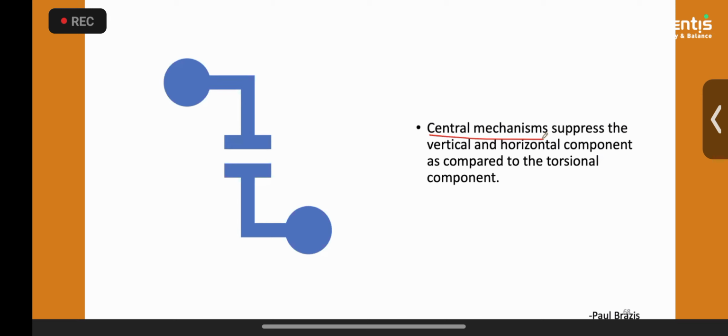In this patient, if you ask the patient to fixate, the horizontal and vertical components will get suppressed, but the torsional component is very difficult to suppress even with fixation. So it might appear that it is a pure torsional. A peripheral nystagmus can appear as a pure torsional in the center gaze.